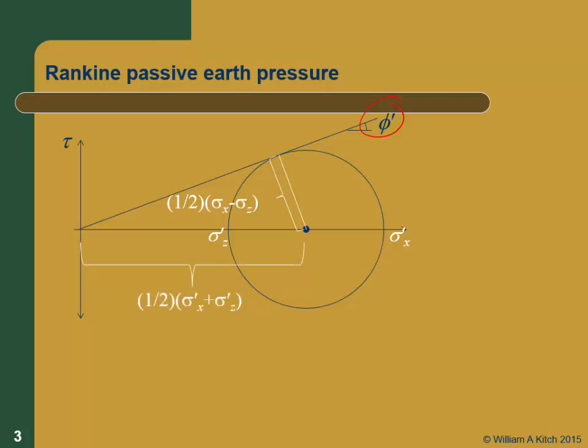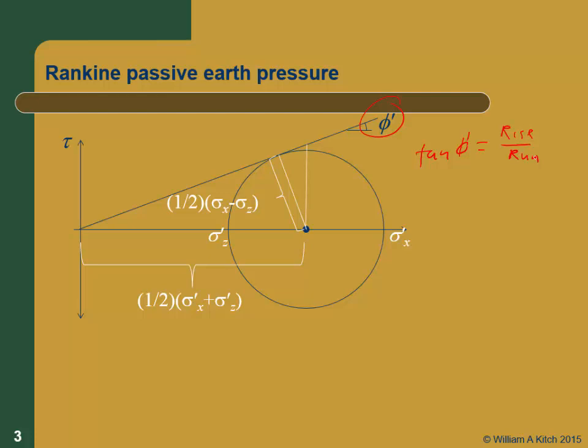And the distance from the origin is the average of the two, right? It's sigma x plus sigma z, 1/2 of that. And remember that tan phi is going to be rise over run of our circle there.